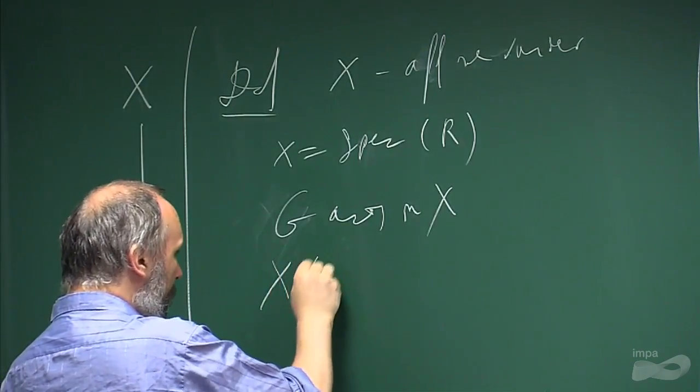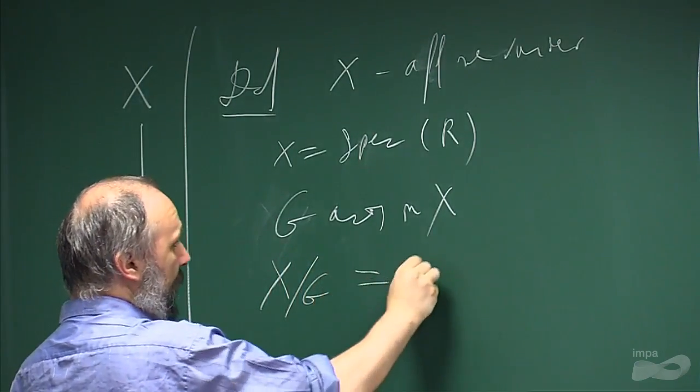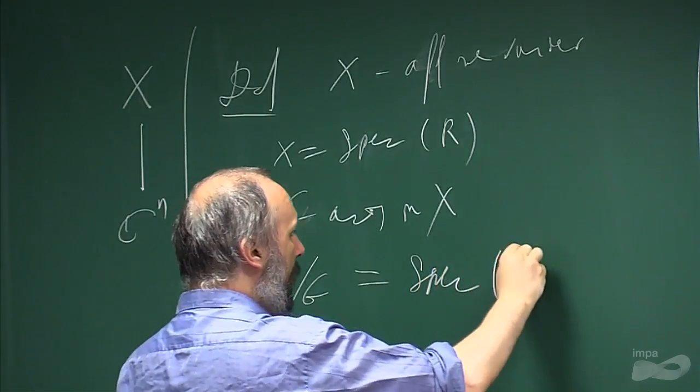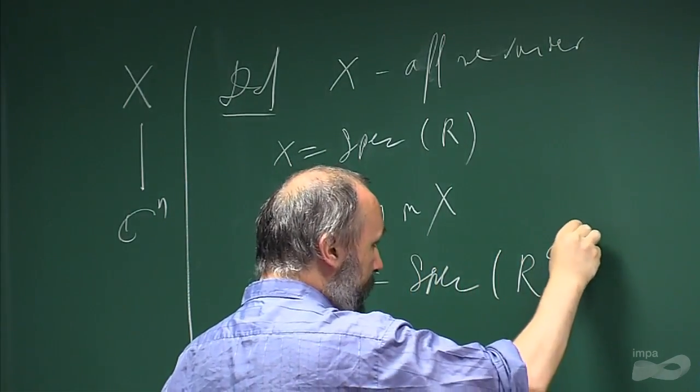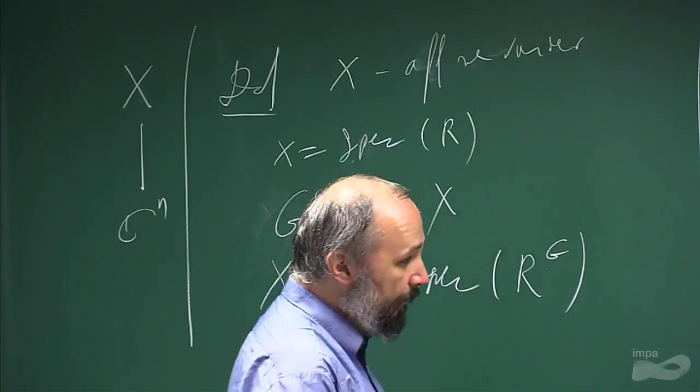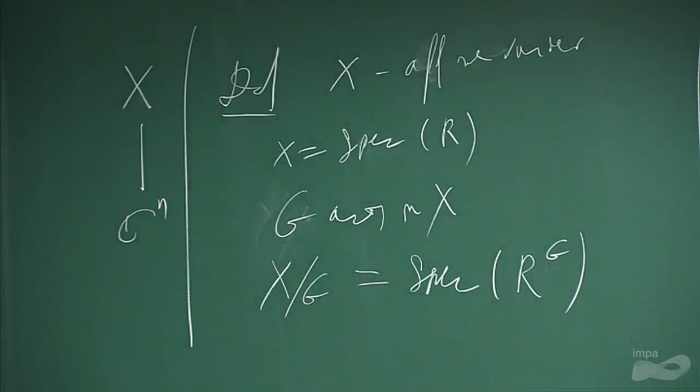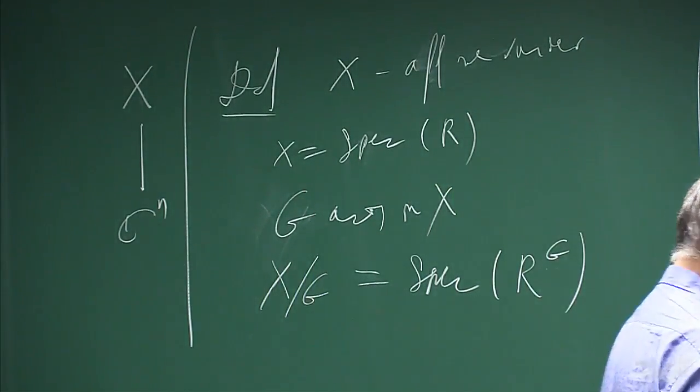The quotient X over G is the same as the spectrum of R^G, the invariant ring, and it makes sense by this theorem.